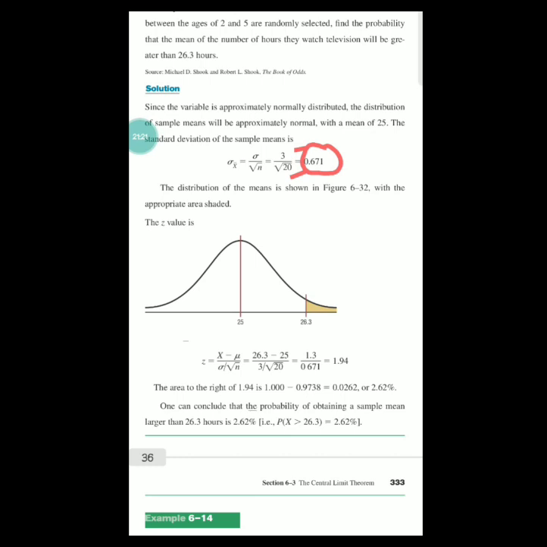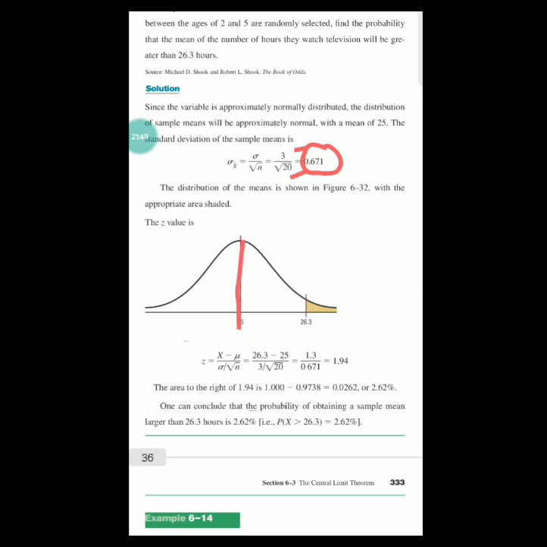So, our mean here is 25. The z value is for 26.3. So, z is equal to x bar minus the population mean over the population standard deviation divided by the square root of n.